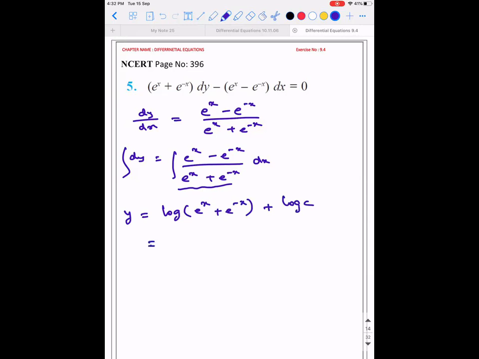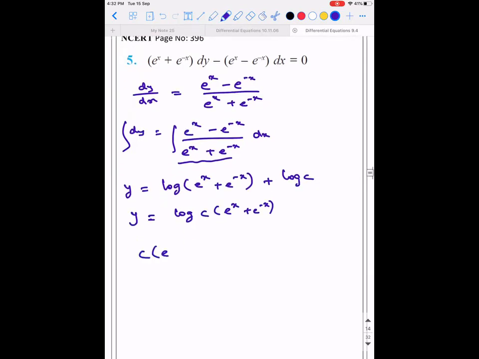So what will you get? Log of c into e power x plus e power minus x is equal to y. So c into e power x plus e power minus x is equal to e power y. You can write it like this. So this is one of the answers.